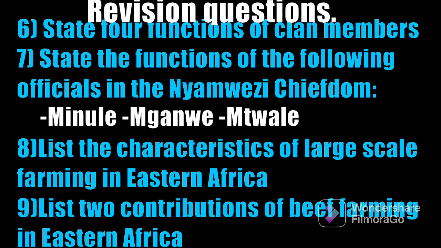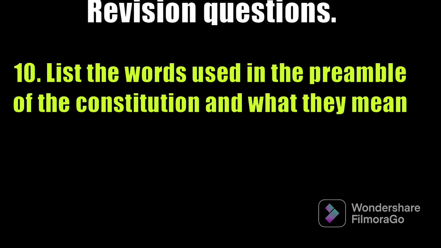State the functions of the following officials in the Nyamwezi chiefdom. 1. Mnyampala. 2. Mganwe. 3. Mtwale. Number 8. List 2 characteristics of large-scale farming. Number 9. List 2 contributions of beef farming in Eastern Africa. And number 10. List the words used in the preamble of the Constitution and their meanings.